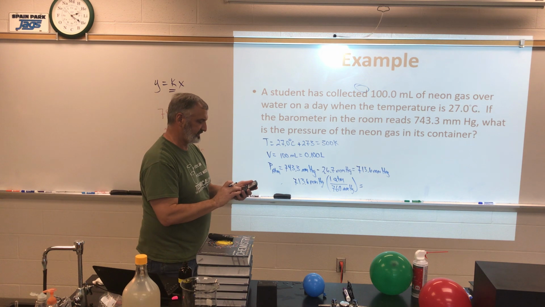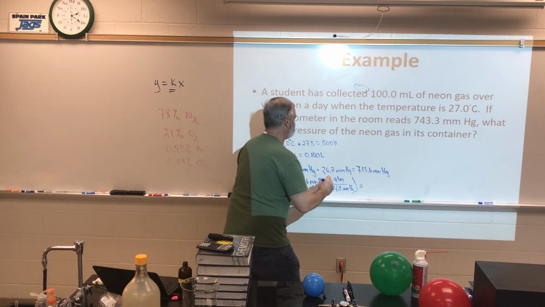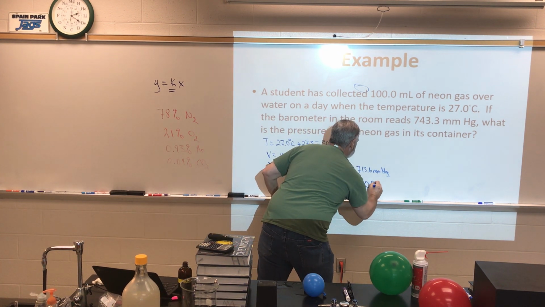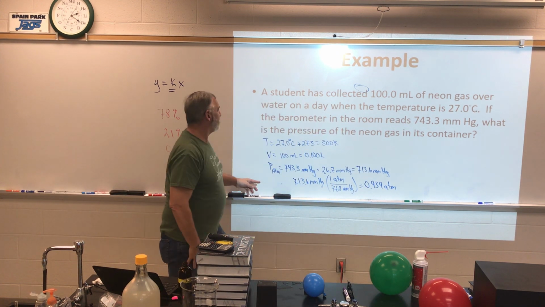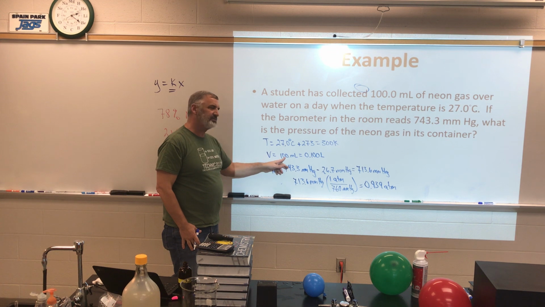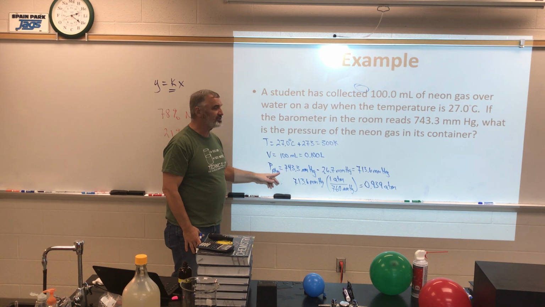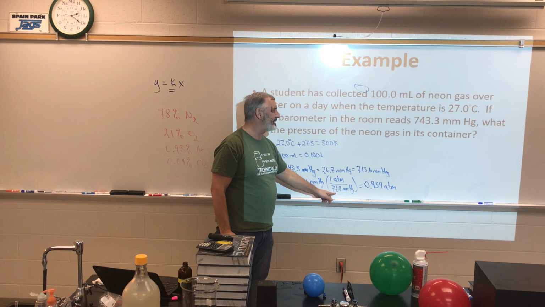So I just divide this by 760 of 0.939 atmospheres. So there's a little bit of work just getting the right units. You got to take your temperature, you got to get it to Kelvin, you got to use your volume to liters, pressure, you got to subtract out your water vapor pressure, and you have to then convert it to atmospheres.